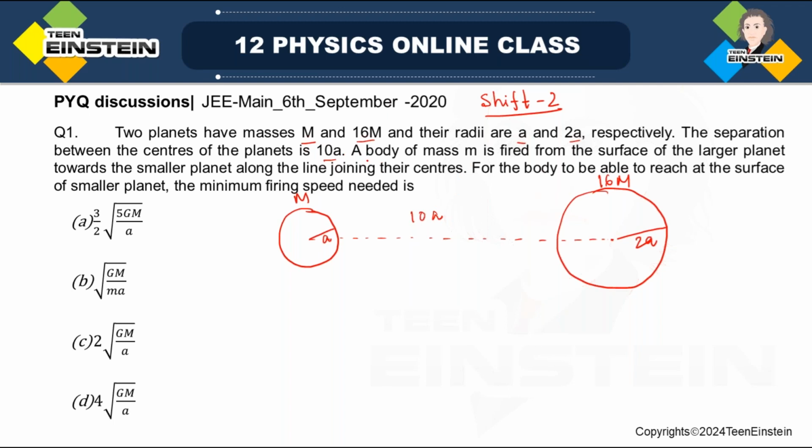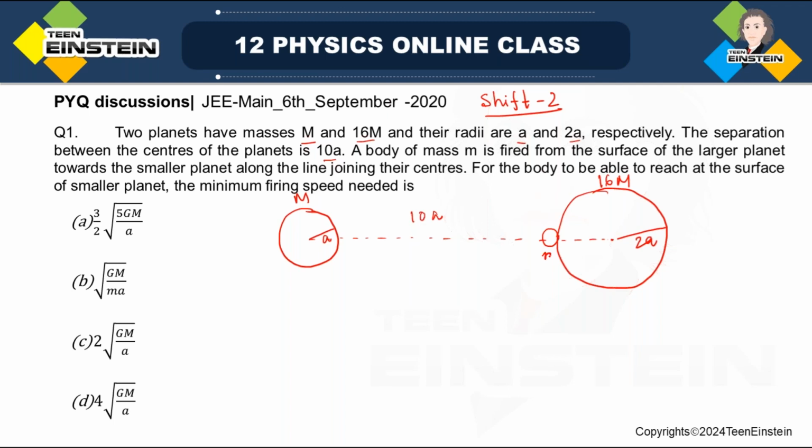Now let us read again. A body of mass small m is fired from the surface of the larger planet. So I have, suppose, a small mass, an object having mass small m, which is just on the surface of the bigger mass, and it is fired from here.